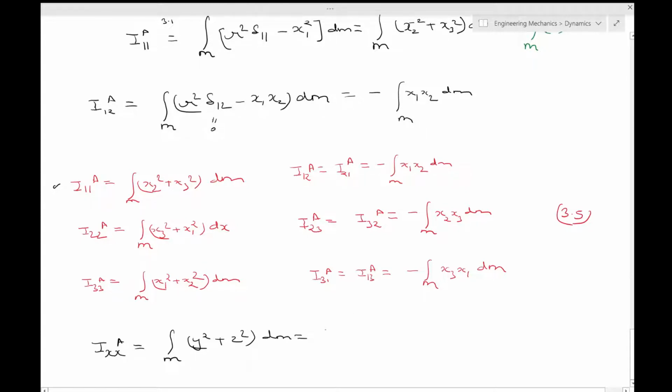Okay, this becomes m kx whole square. Ixy is equal to Iyx of A is equal to minus of m xy dm.